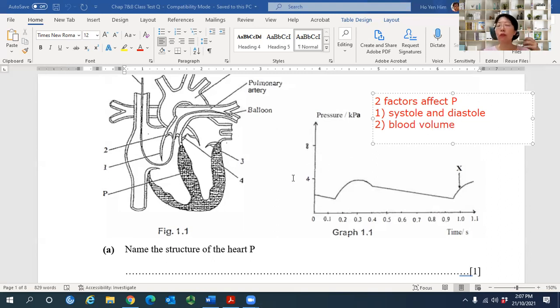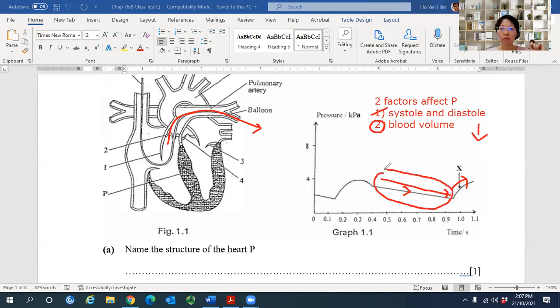It's easy for you to find out what causes the pressure to increase here and what causes the pressure to decrease here. The increase is because of the ventricular systole. The decrease is because the blood flows away from here. When the blood comes out, it passes here and flows away, so the blood volume drops.